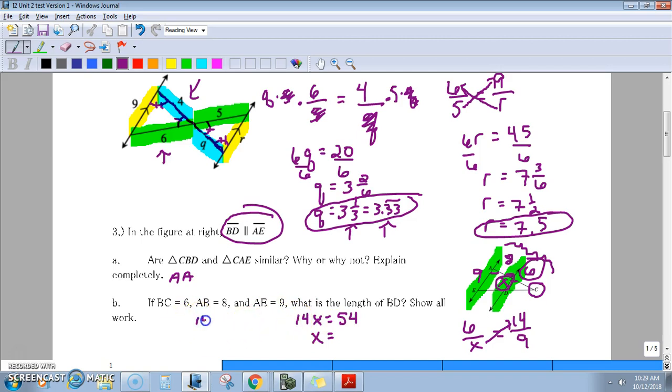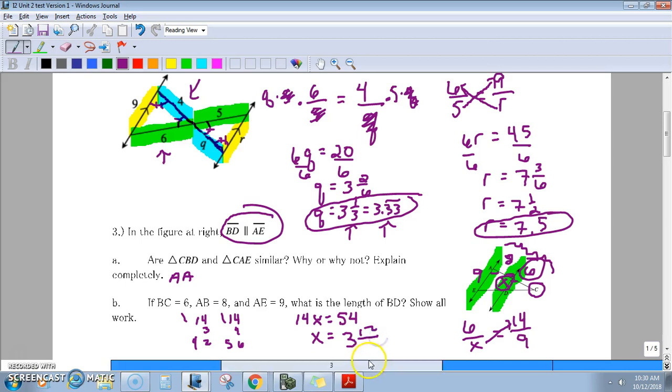Let's check. 14 times 3: 3 times 4 is 12, carry your 1, 3 times 1 is 3, plus 1 is 4. 42. What about 4 times 14? 4 times 4 is 16, carry your 1, 4 times 1 is 4, plus 1 is 5. 56, so only 3 times with a remainder of 12.